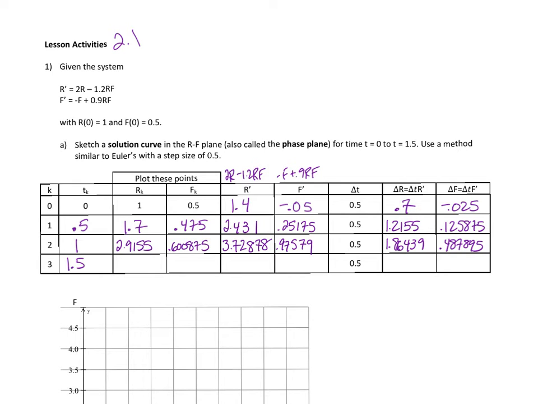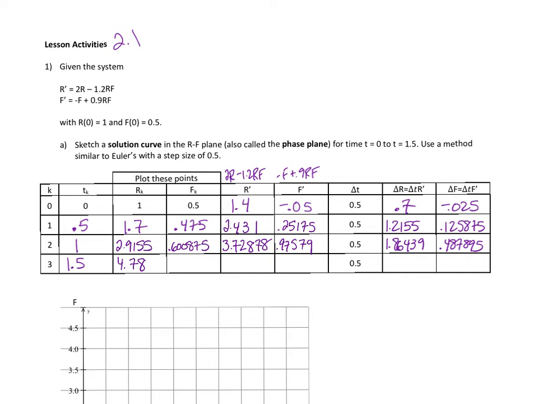Now, to get my new r and my new f, add old r to delta r and old f to delta f. So I have 2.9155 plus 1.86439, and I have 4.78 if I round to 2 decimal places.